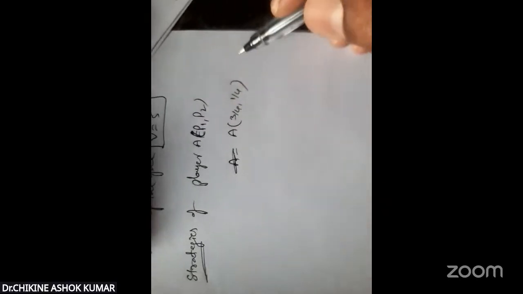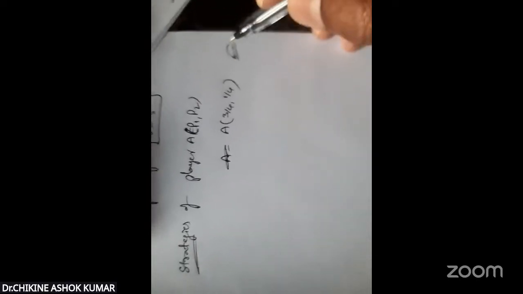In the previous case, if it is a pure strategy, it follows only one single strategy and the remaining is not followed. That's why I put 0, 1 or 1, 0. But in a mixed strategy, it will follow more than one strategy, and the total probability is 3 by 4 plus 1 by 4, which is 4 by 4, exactly 1.